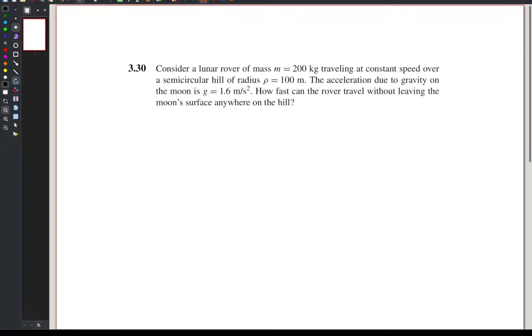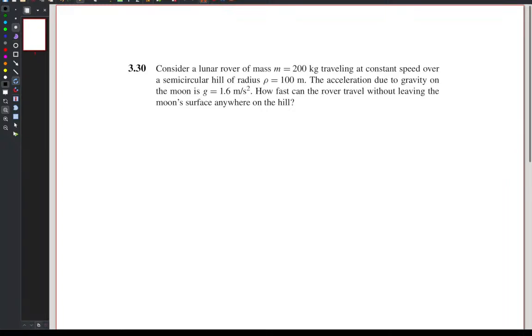Semicircular means a constant radius of curvature kind of hill, which roughly would look like Horsebarn Hill. Imagine you're driving a lunar rover over Horsebarn Hill. Gravity is about 1/10 of Earth gravity. We want to know the max speed we can go over the hill so that we don't Fast and Furious off the moon to smash a satellite or something. We're trying to keep it slow and steady.